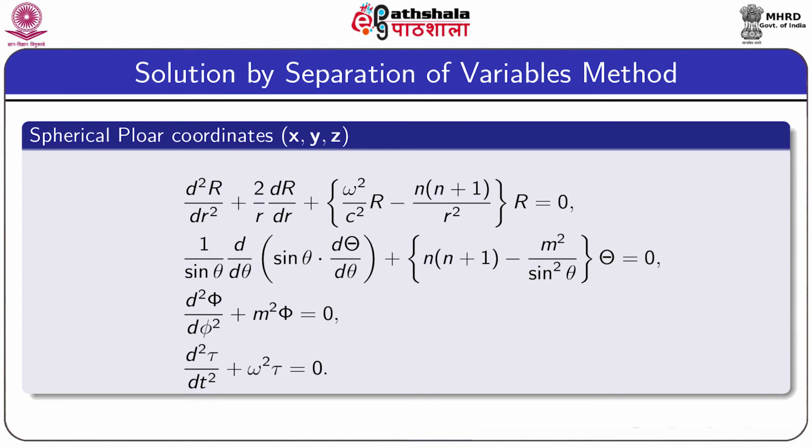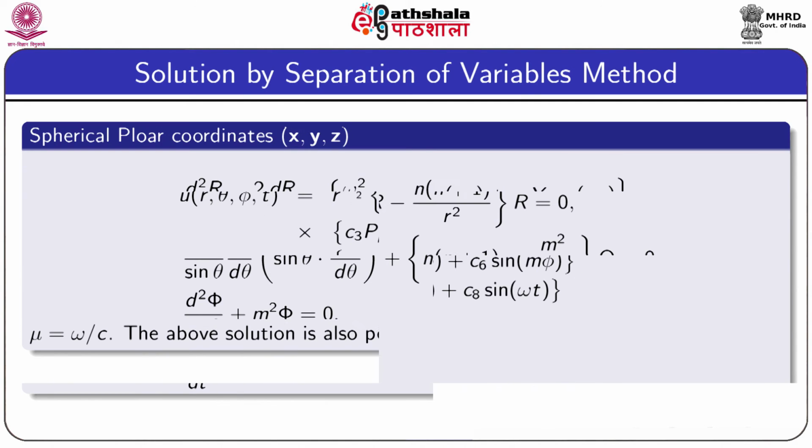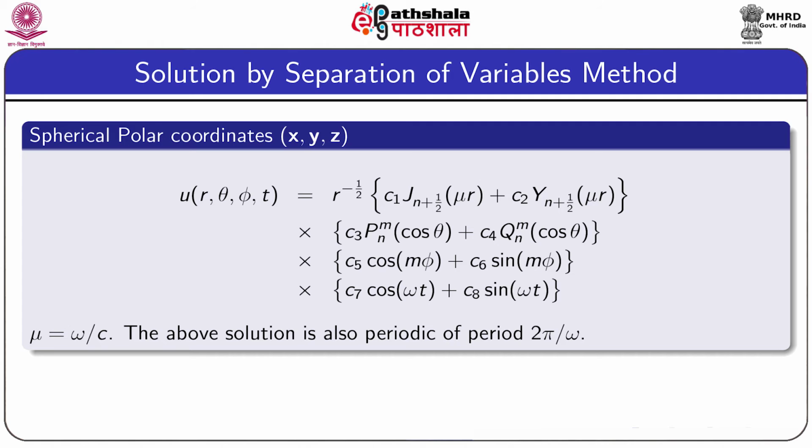So, its solution is the linear combination of associated Legendre functions. If you give a transformation to the dependent variable in such a way that capital R equals R to the power minus half into capital S, it can be shown that capital S will satisfy the Bessel differential equation of order n plus half.